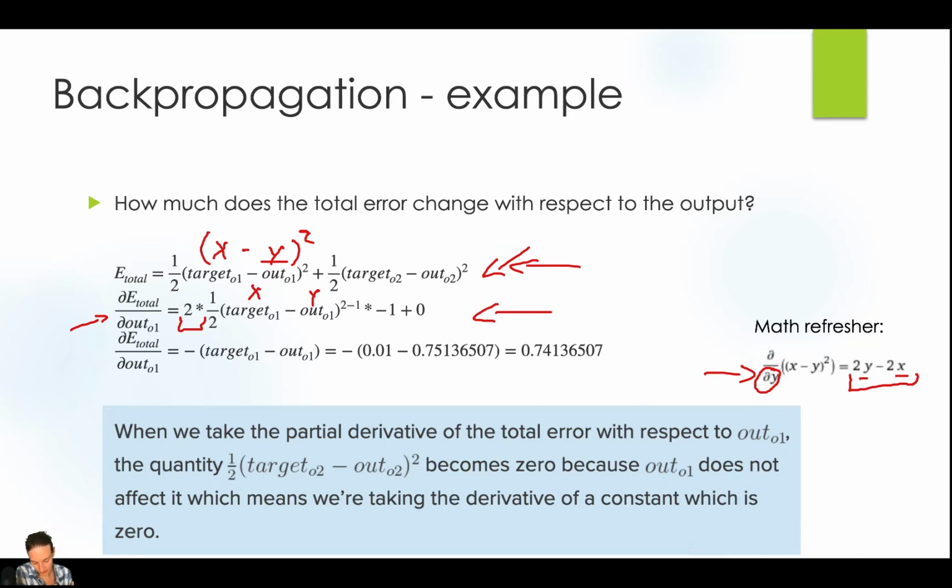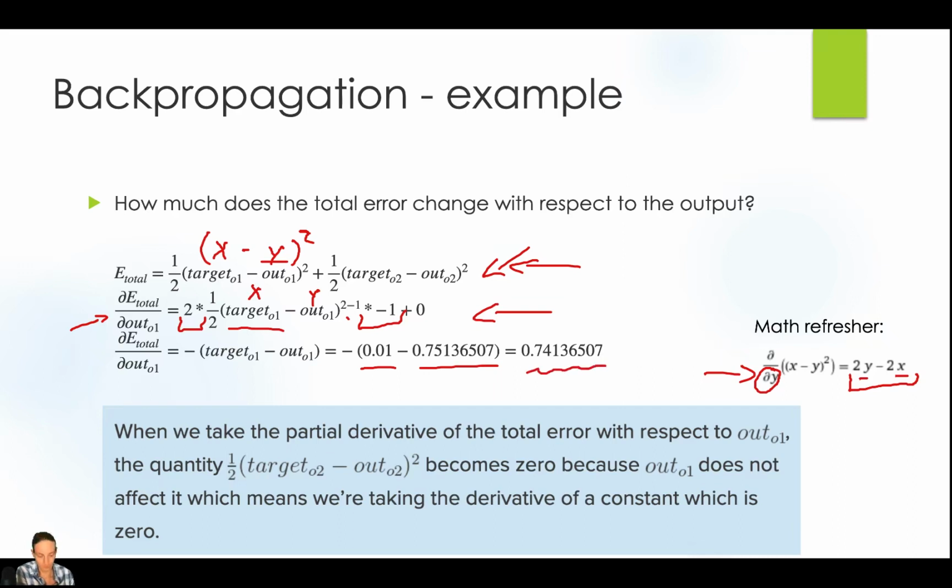So that is easily adjusted by adding the minus 1 here in the multiplication. All right, so this is the partial derivative for the total error towards O1. So if we fill in our values that we calculated before, so target O1, we want the label to be 0.01, and our predicted label is 0.75. So here we get the first partial derivative.